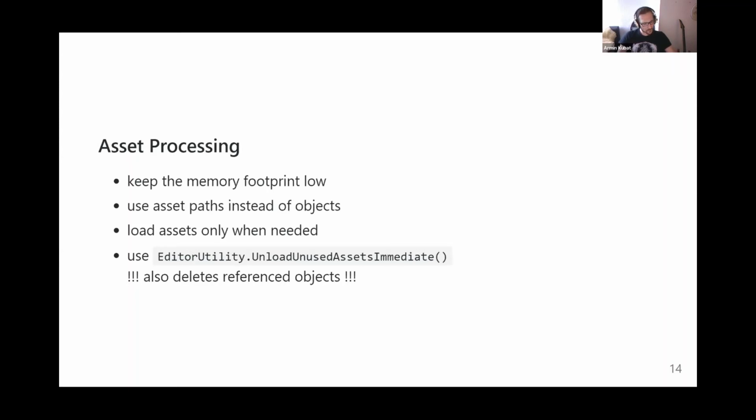We had the problem, we wanted to create a shader variant collection for all our assets in our project. And we had a script that ran over all our asset bundles and collected all the assets, and then collected all its dependencies, and created this shader variant collection by collecting all the materials.